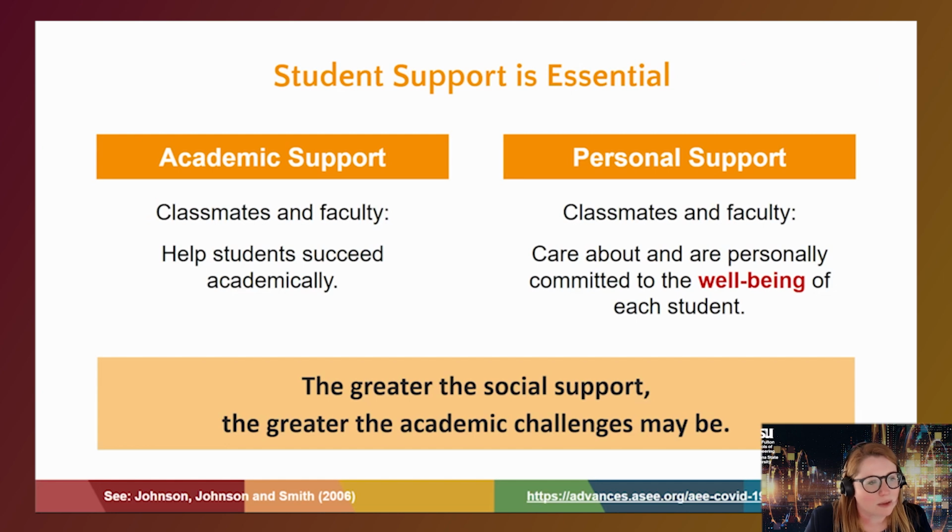So equally important is genuine concern for student well-being from both peers and faculty. So when students feel seen and valued, they're more engaged and more motivated. So knowing they have this strong support network, both academically and personally, just allows them to challenge themselves more and attempt higher level tasks and persist through difficulties.